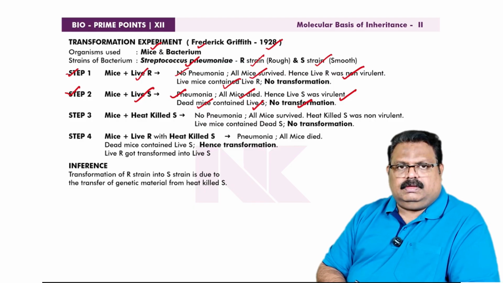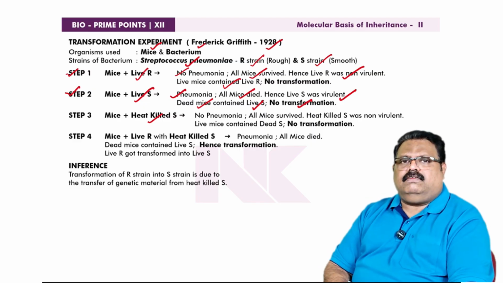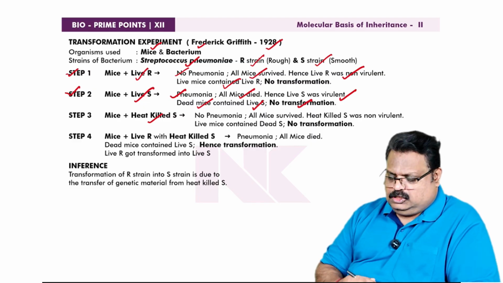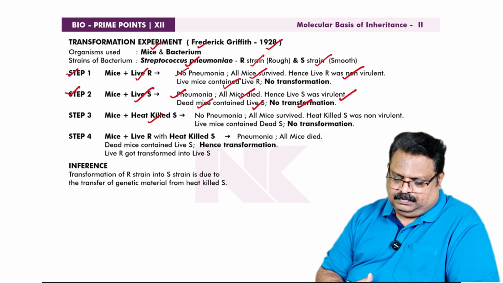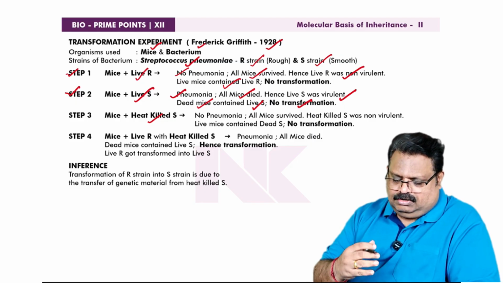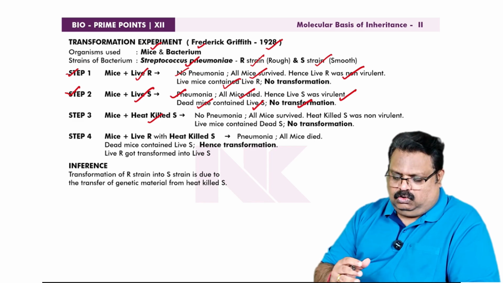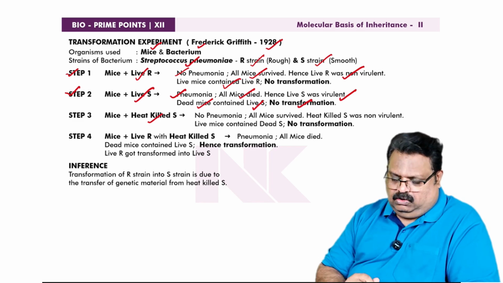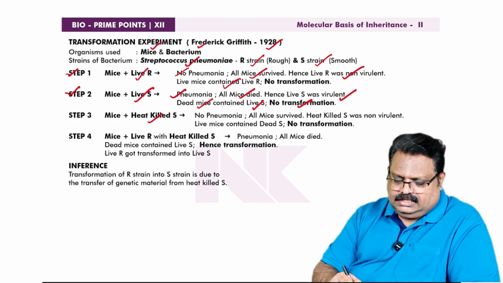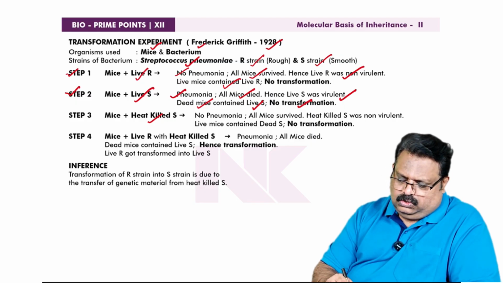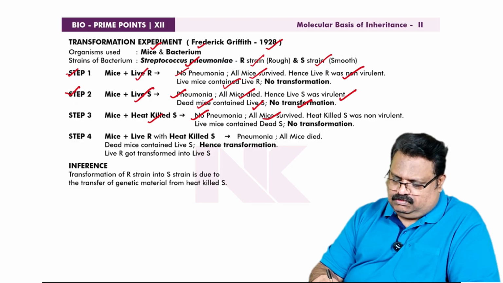Then the third step, he heat killed S. What is the difference between R variety and S variety is that the smooth strain has a mucopolysaccharide covering envelope. That is why the colony is supposed to be shiny or smooth. So he treated the S variety in hot water so that the covering will be lost, and that kind of variety is called heat killed S. When he injected heat killed S into mice, no pneumonia, all mice survived.